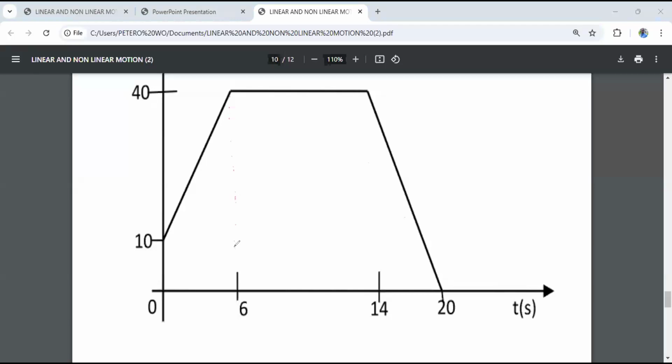So the acceleration is taking us to 6. The uniform velocity comes up to 14. Our maximum velocity is 40. So let us try that also.